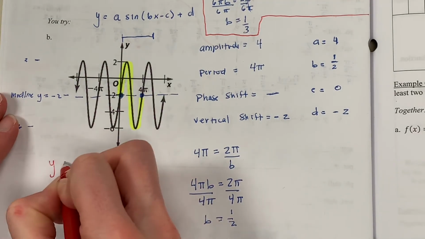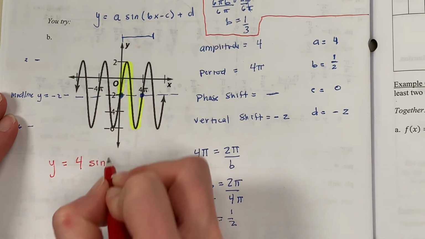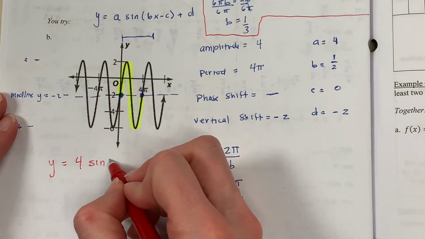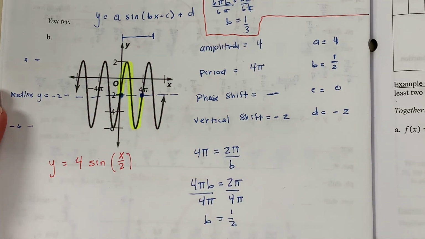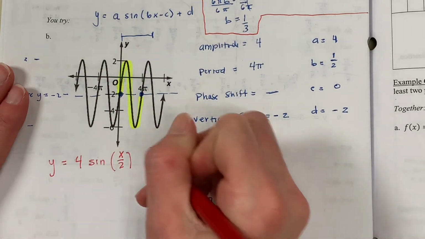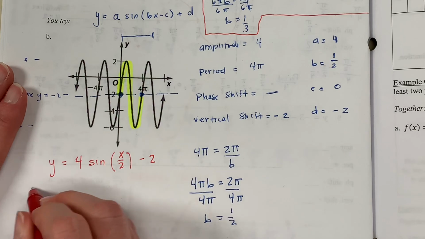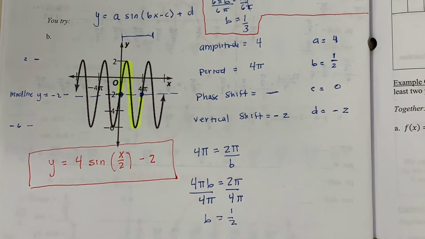So I have y equals, my a value is 4, times sine. My b value is 1/2, so 1/2 times x is x divided by 2. There is no c value. If I put in 0, I'd have to simplify. Then I have plus d. Now my d value is -2, so either in front of the 4 or behind the parentheses, I would apply my d value of -2. And we have an equation that represents this curve.